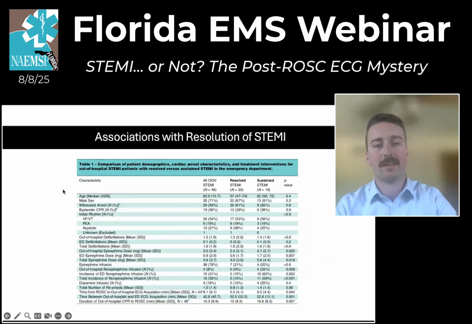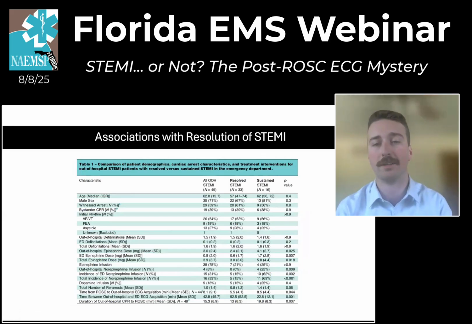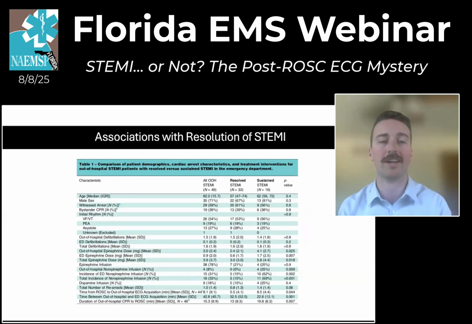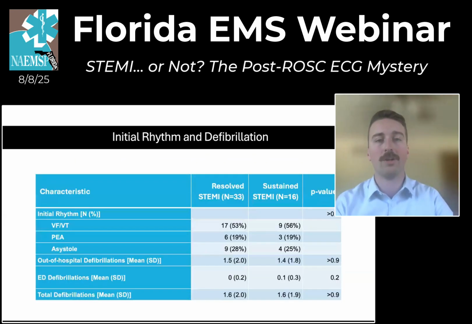So this is a big messy table. We'll start to break this down, but these were all the different parameters we looked at to compare between resolved and sustained STEMI. Ultimately, we looked at age, sex, and arrest characteristics, including initial rhythm. There were no associations with resolution or sustainment of the STEMI when looking at any of those factors. We looked at initial rhythm and defibrillation.